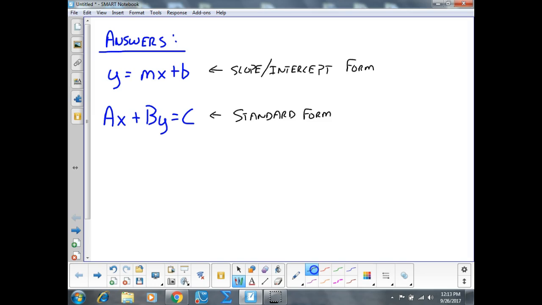Okay, but there were two conditions, I think, classifications, two things you got to watch out for in standard form. What were they? A has to be positive. That's one of them.